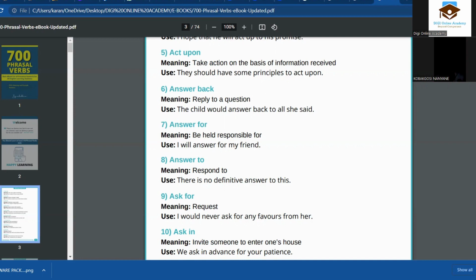Ask for help, ask for service, ask for a hand, like that. So use this one in a simple sentence about things, people, or places around you. Make a simple sentence.